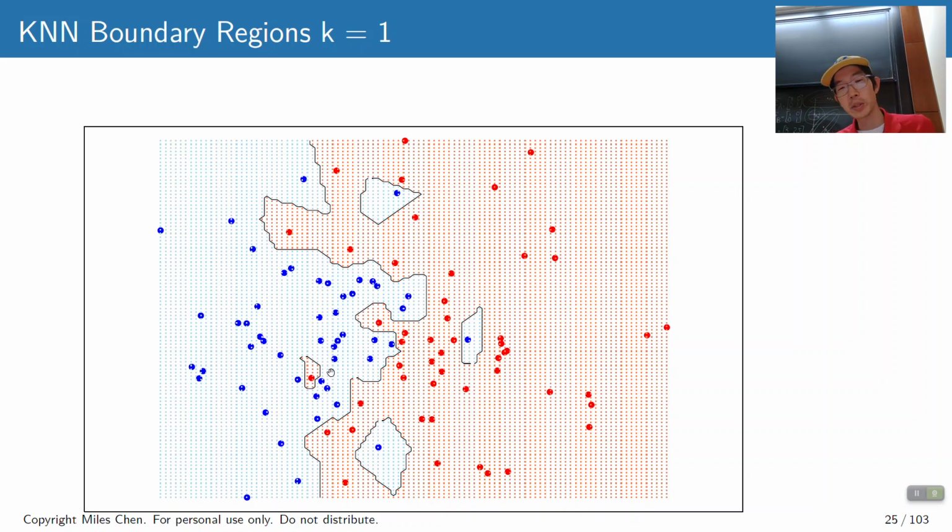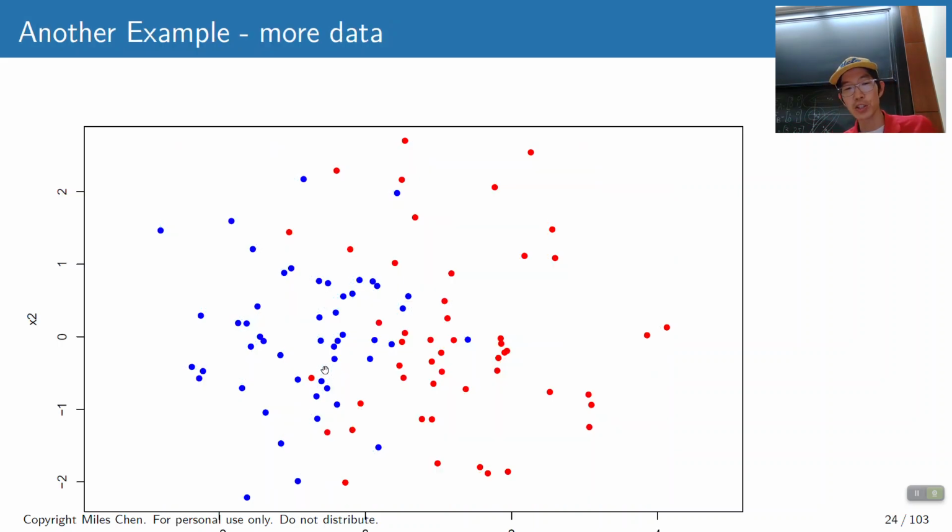And if we were to judge this, we would look at this and recognize, okay, this is just a weird red dot, and this is not actually something that should get classified as red. Points out here, okay? This is probably just a weird little blue dot, and it shouldn't really get classified as blue.